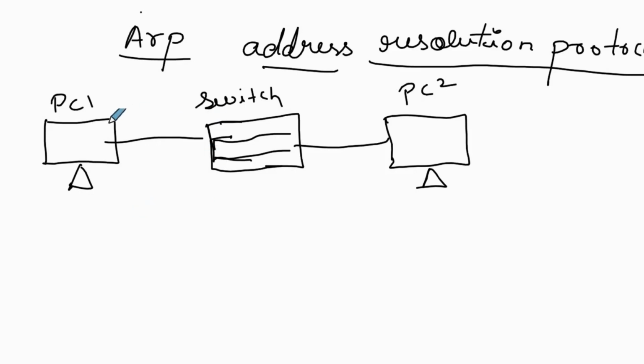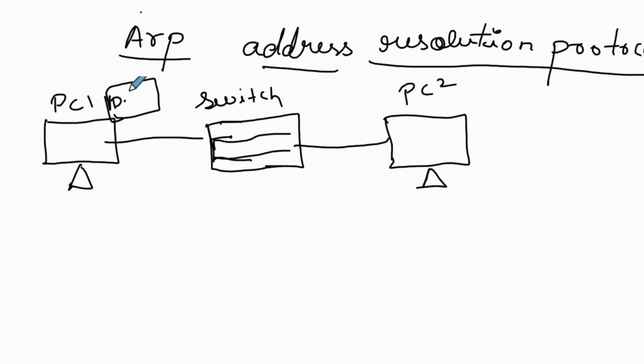So PC1 wants to send a packet. Packet means something, data. So let me draw the data.